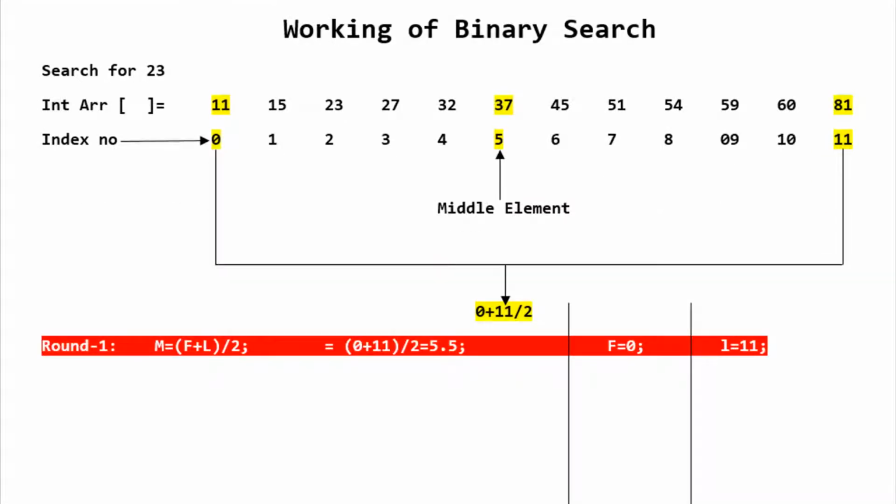It will be in the whole array. So it takes the first index as 0, last index as 11 here, and then we add the first index and the last index and divide by 2. We will be getting 5.5, but an index number cannot be 5.5.